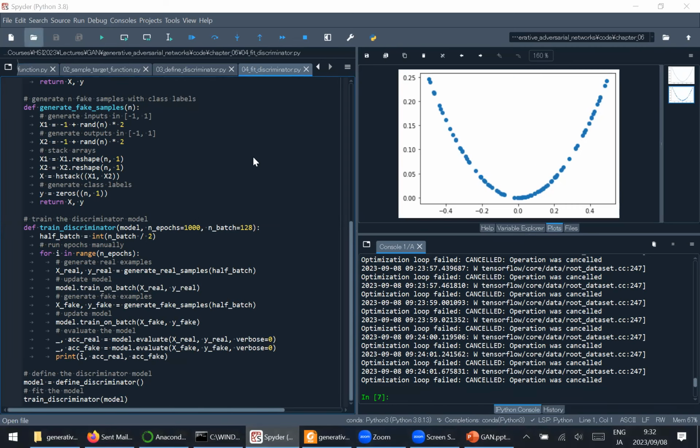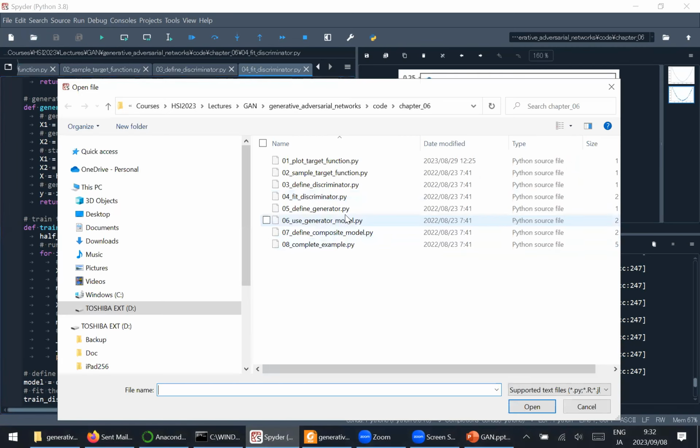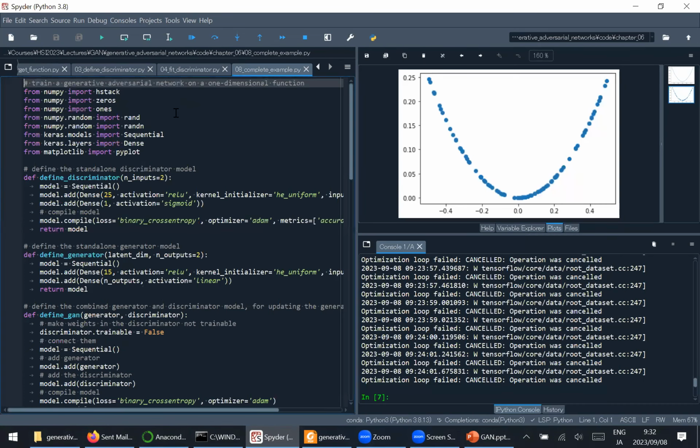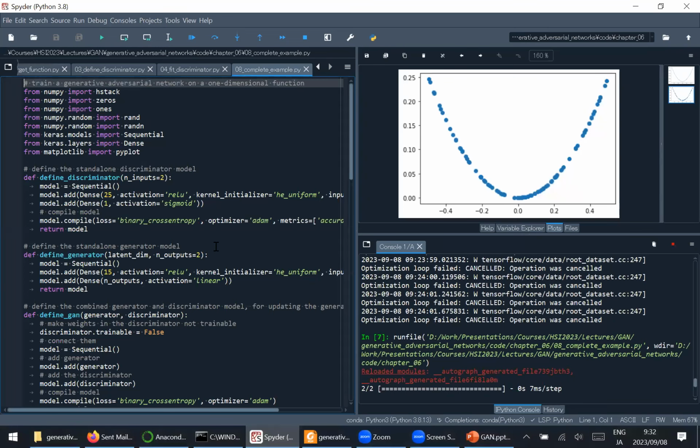Fit the discriminator. Okay, so let's skip down. Complete example. See if this works.